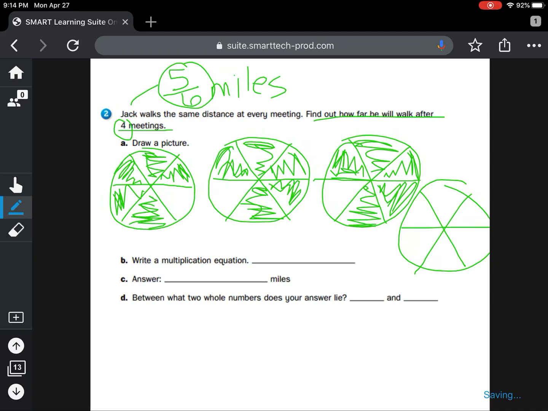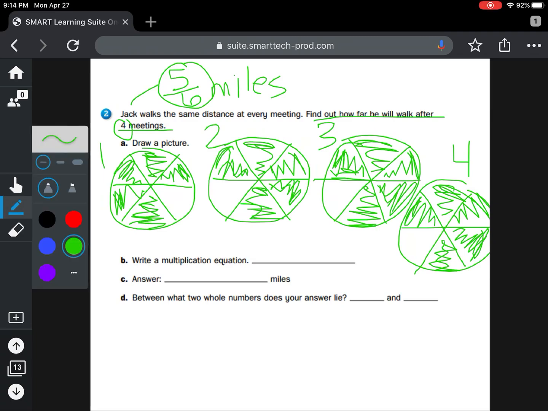Then here's your last meeting. Remember, this is the first meeting, the second meeting, the third meeting, and the fourth meeting. At the fourth meeting, again, 1/6, 2/6, 3/6, 4/6, and 5/6. Now to decide how far that is total, you can just count them all up.